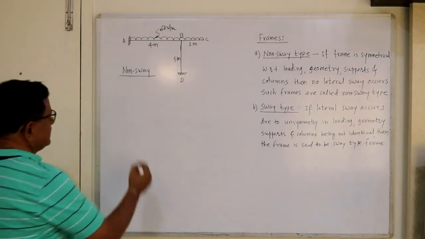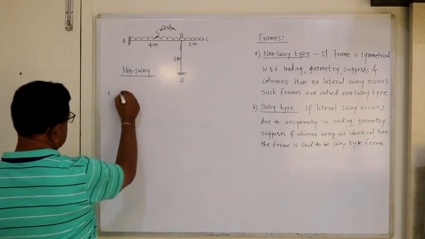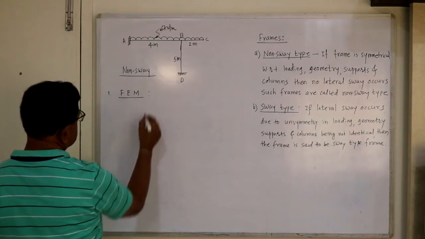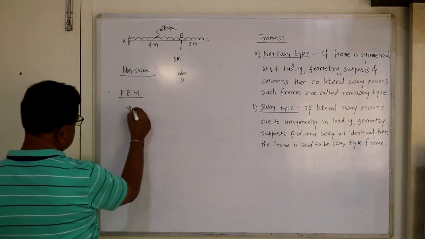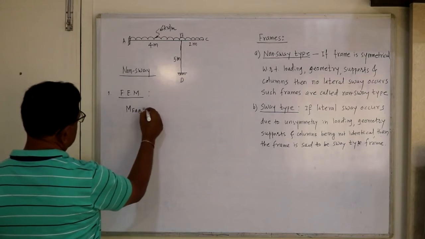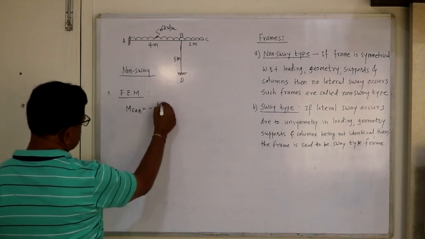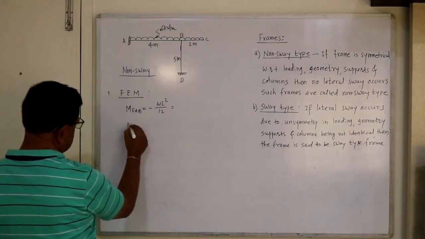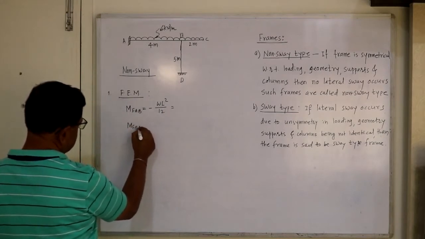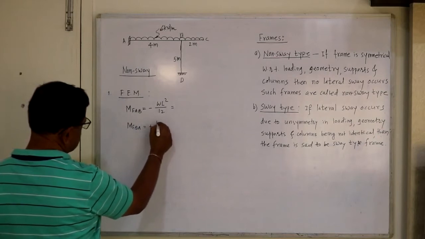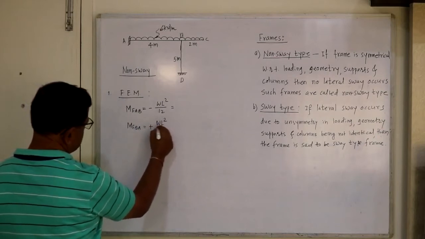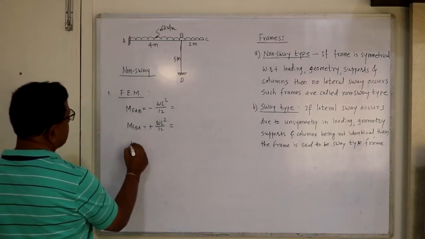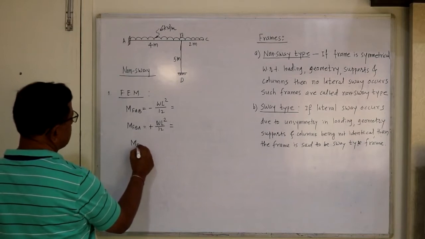Now that means the first step is to find out fixed end moments. Let's calculate fixed end moments. MFAB equal to, left end, minus WL square by 12. So you find out this. Then MFBA, right end, it is plus WL square by 12, and at B for the overhang we know we get the final moment directly.